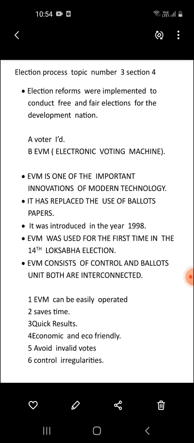In that you have studied two reforms. One is voter ID, that is voter identity card, and the second is EVM, that is electronic voting machine.